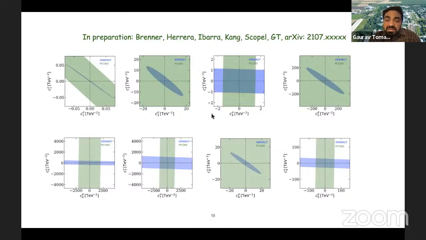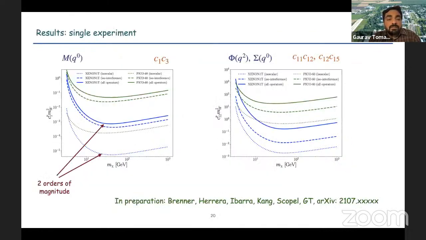But if you go to spin dependent interactions like C4, C7, C6, you could see that xenon and PICO are, let's say, orthogonal to each other. That means they cover directions very different from each other. And that's why target complementarity is important. That is one of the reasons we consider more than one experiment in our calculation.